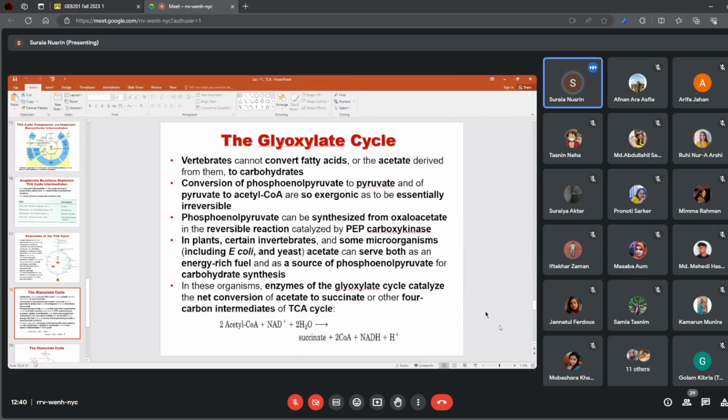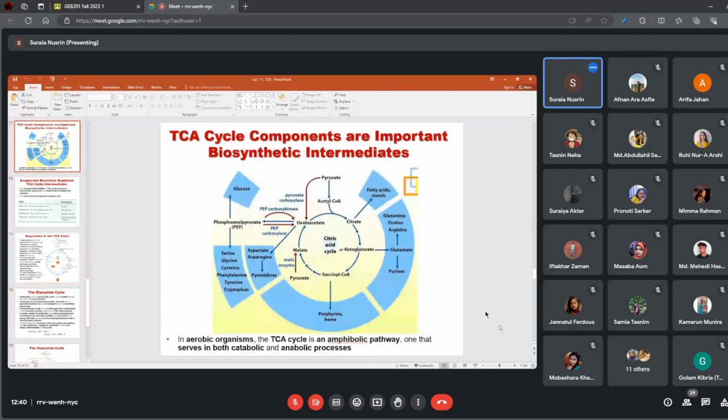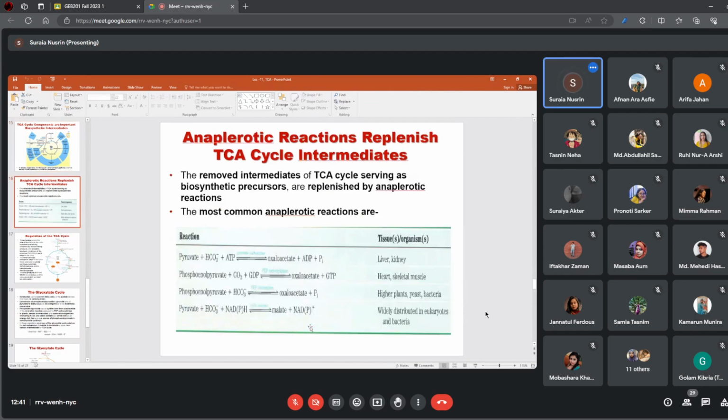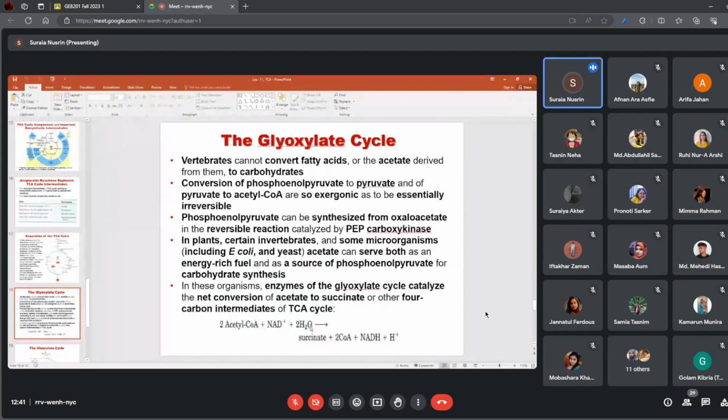If we go back to the cycle, you can see the red arrows, phosphoenol pyruvate to oxaloacetate, catalyzed by phosphoenol pyruvate carboxykinase. That means this is a reversible reaction, so it is possible to synthesize phosphoenol pyruvate from oxaloacetate by the enzyme phosphoenol pyruvate carboxykinase. But vertebrates cannot do that.